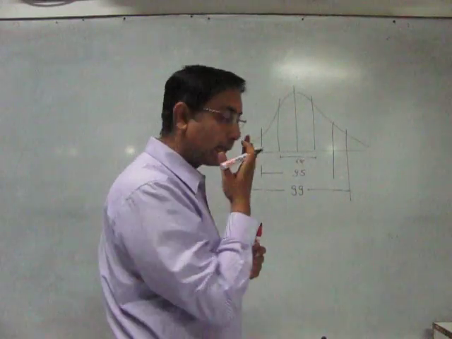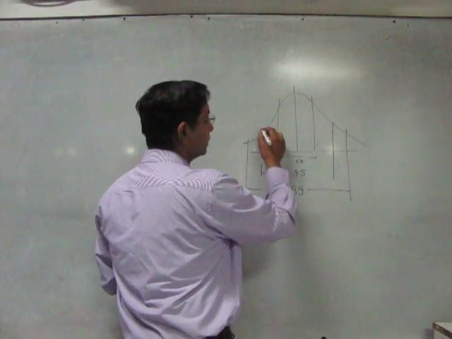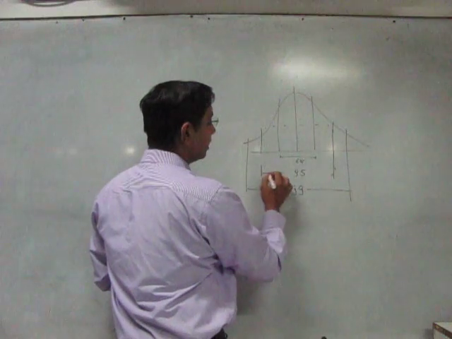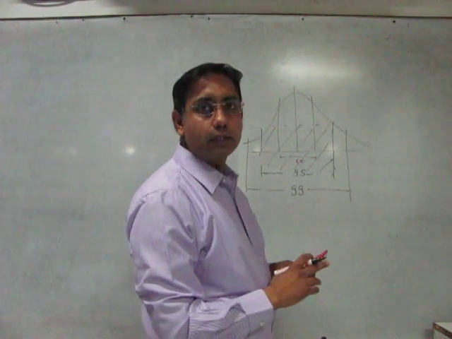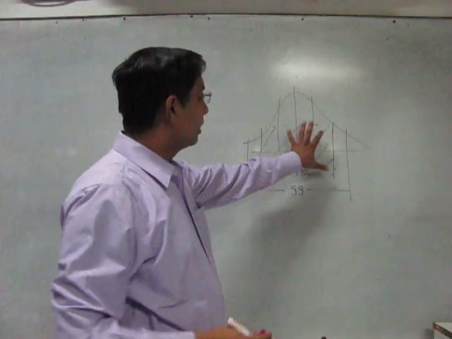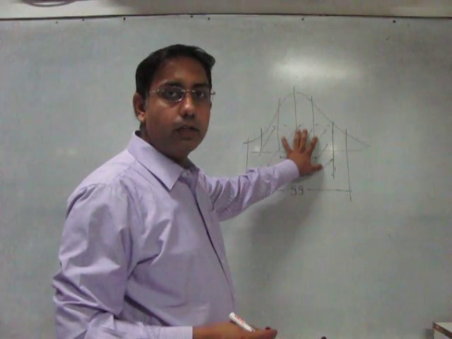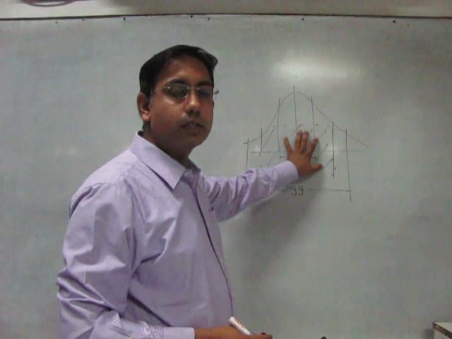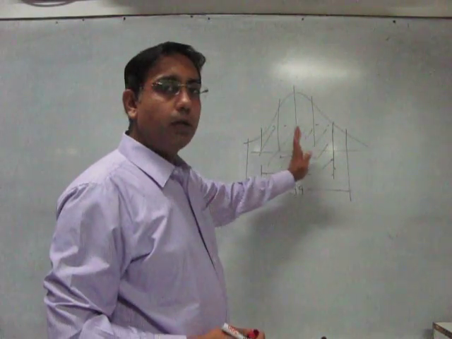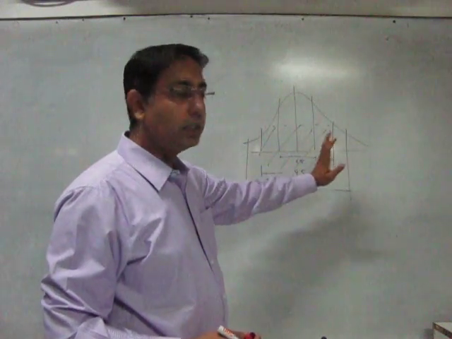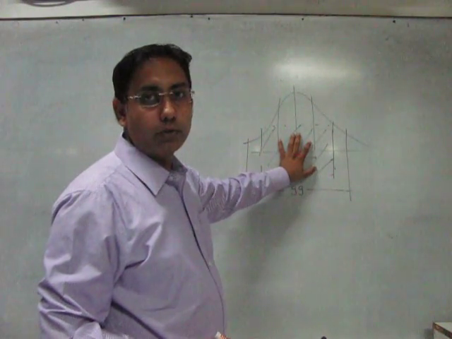Please remember that 2 standard deviations is usually taken as the zone of normalcy. So what does it mean? That if the 95% confidence interval is taken, it corresponds to how much standard deviation? It corresponds to minus 2 SD and plus 2 SD, and this is known as the zone of normalcy.